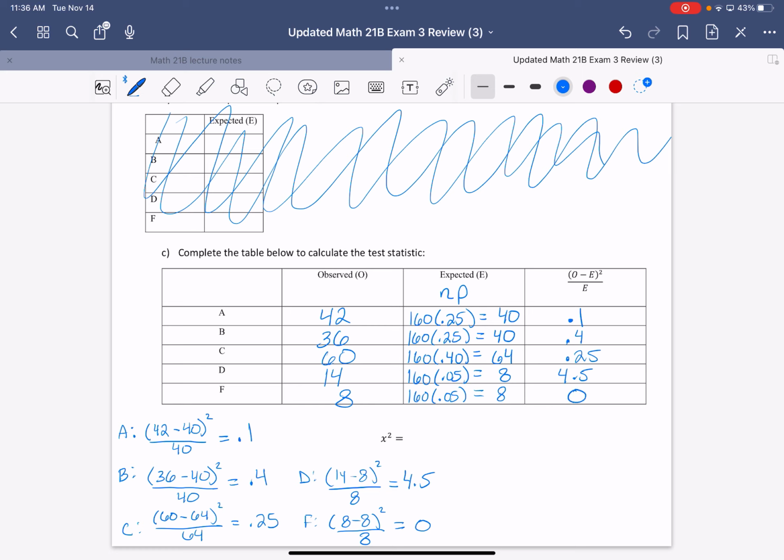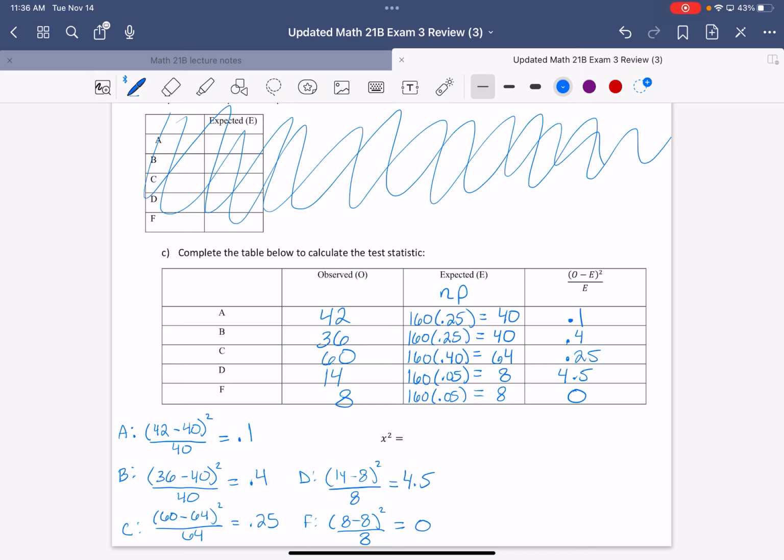Professor, starting from C, I got 144. And then with D, I got 2,380. Let me take a look at your calculator. Something's not right there. Oh, it's not 160, it's the observed value.